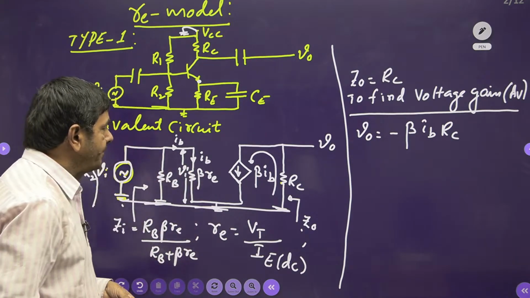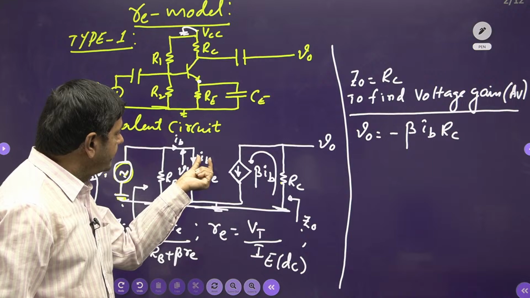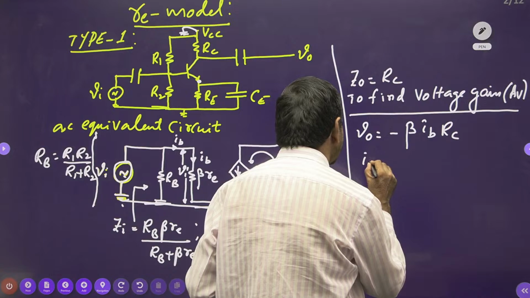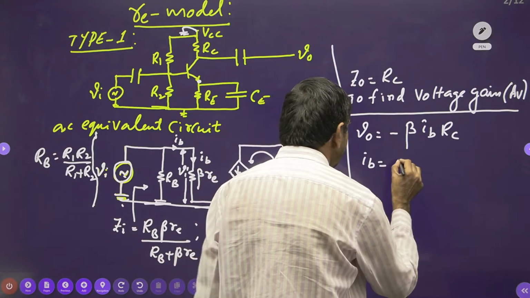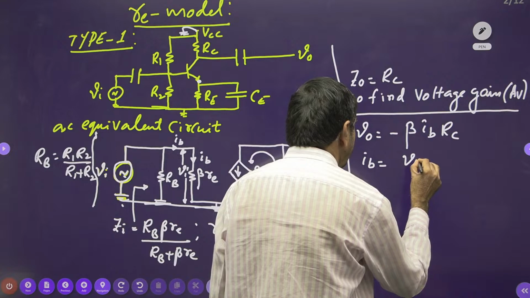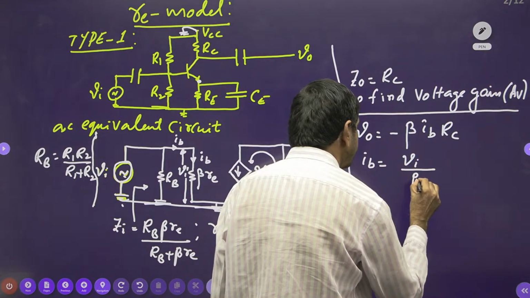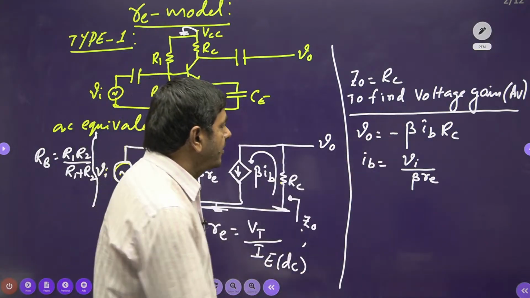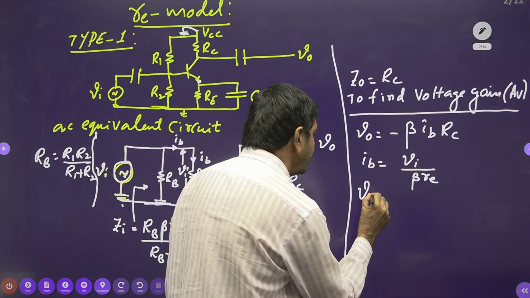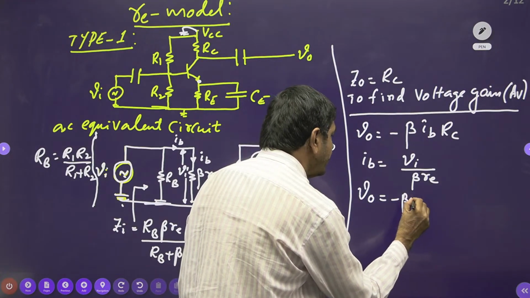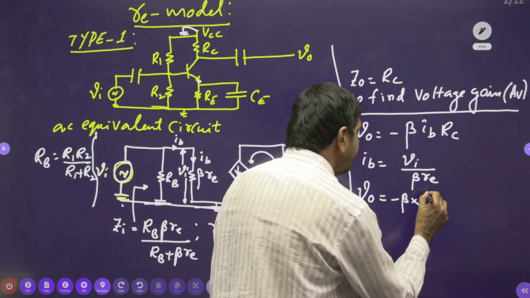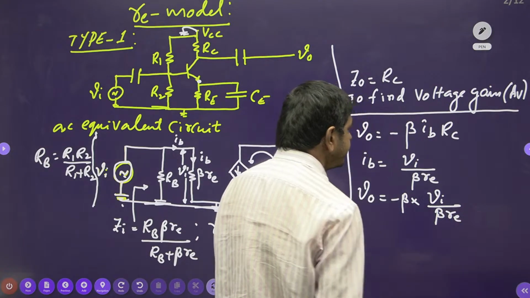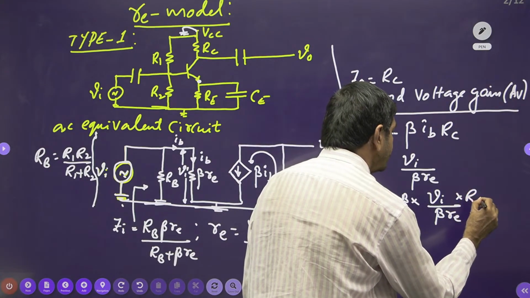So the base current IB is Vi by beta into Re. I can substitute this value here: V naught equals minus beta into IB into RC, that is minus Vi divided by beta into Re, into RC.